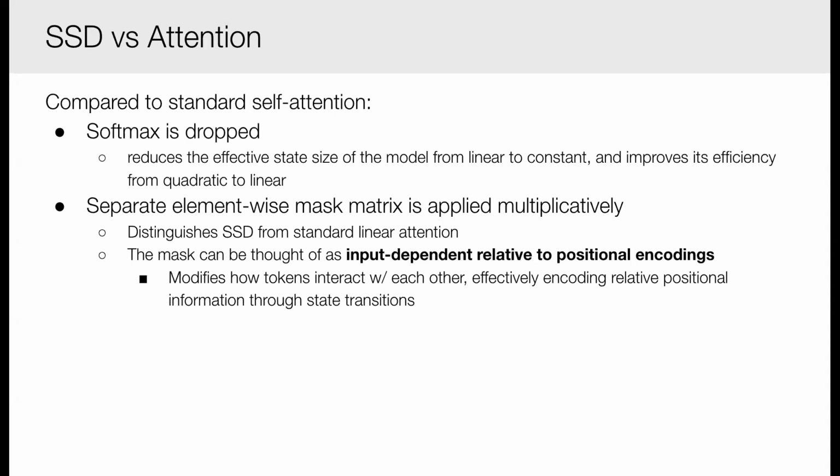What that means is the positional encoding part modifies how the tokens from the start of your sentence interact with future tokens. And it effectively encodes your relative positional information with these state transitions from H to H1 and so on.